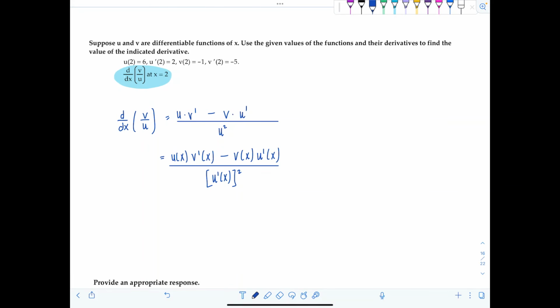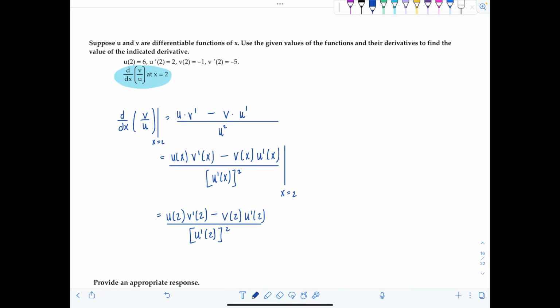And now they're asking me to find this derivative at x equals 2. So we're evaluating this at x equals 2. So what does that mean? I need u of 2 times v prime of 2 minus v of 2, u prime of 2, over u of 2 squared.